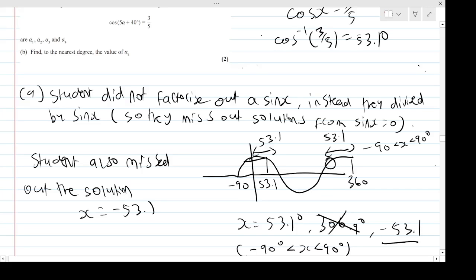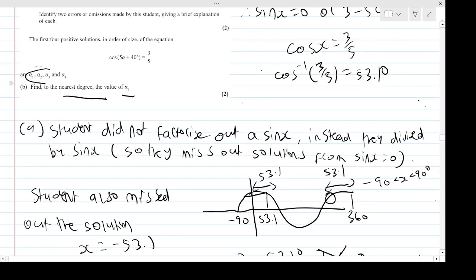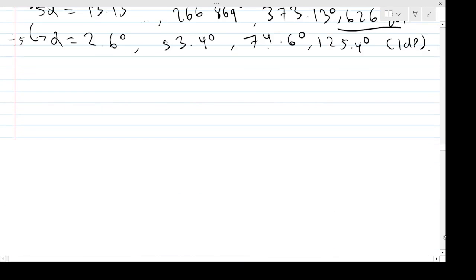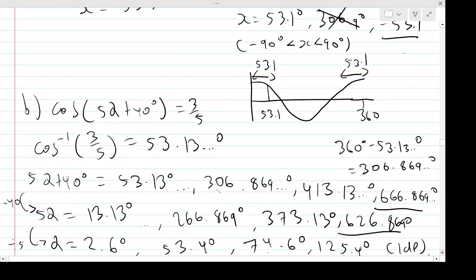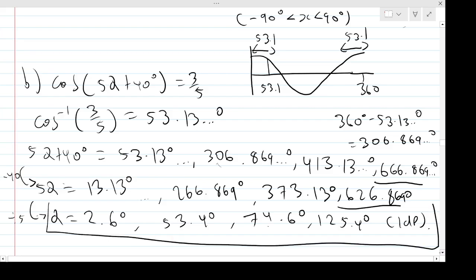Then it says to find to the nearest degree the value of alpha 4. So they told me the first 4 positive solutions are alpha 1, 2, 3 and 4. So alpha 4 then is going to be the 4th one, right? So that's going to be this one here. That's the 4th one in the list. If I box this, by the way, to make it clear, these are my solutions.